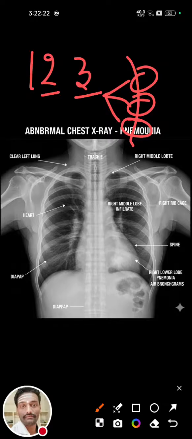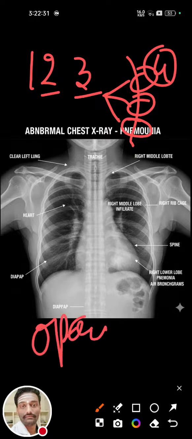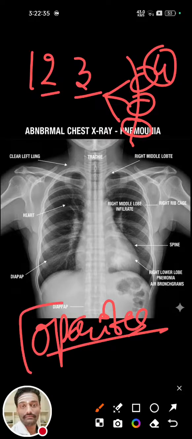Okay, third one is to identify the distribution. Which lobe is having the opacity. We are seeing the white patches opacity in which region: upper lobe opacity, middle lobe opacity, or lower lobe opacity.